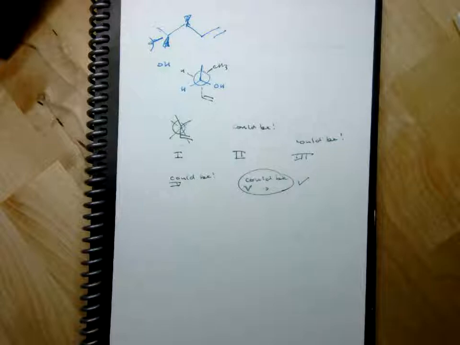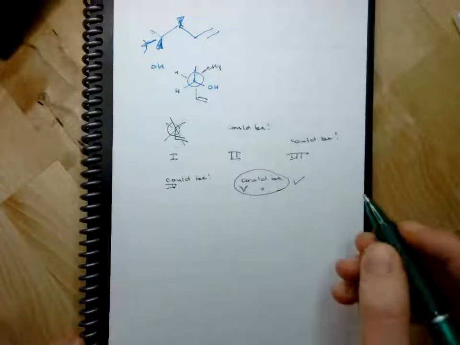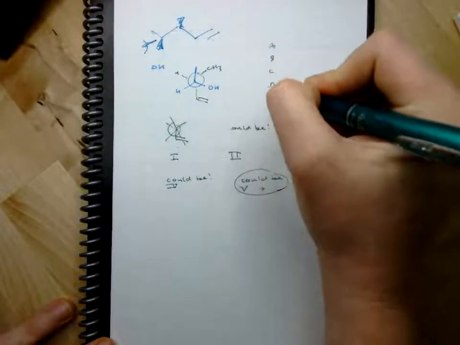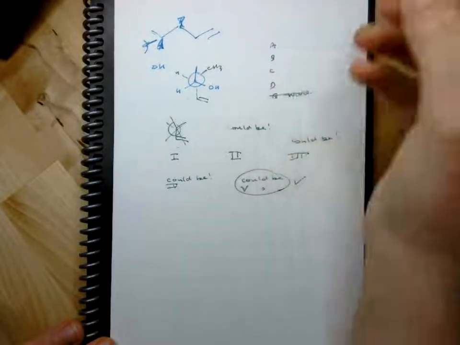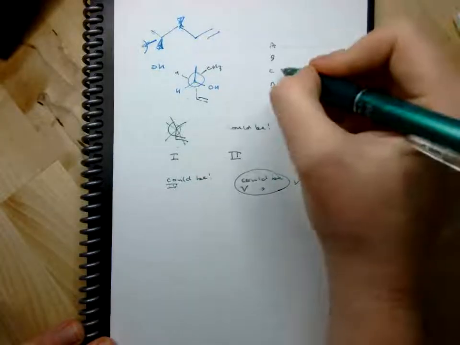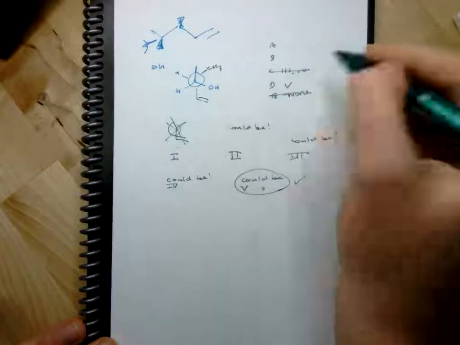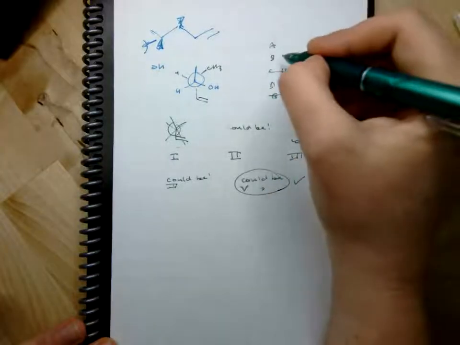But if you look at the answer choices, there's multiple right answers. It looks like there are 3 answer choices that have 5 in it. There's A, B, C, D, and E. E is none, so we know that's not right because 5 is accurate. D is 3 and 4, so we know that's not right because 5 is definitely correct.